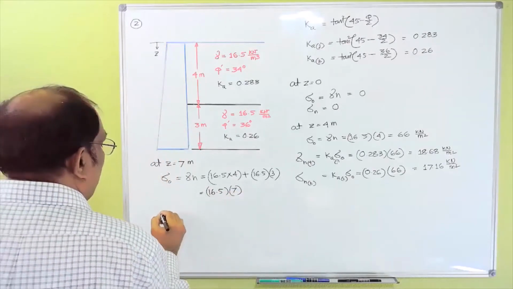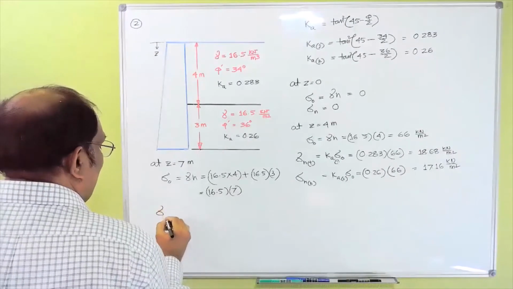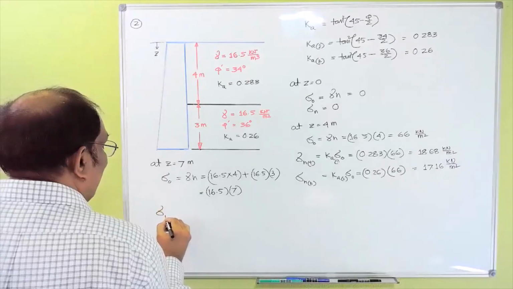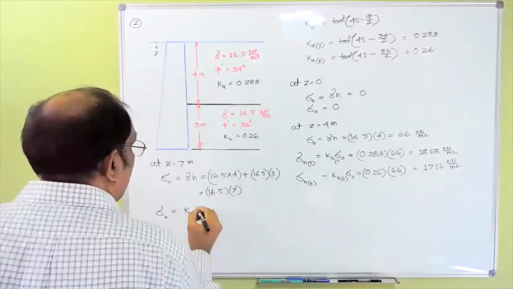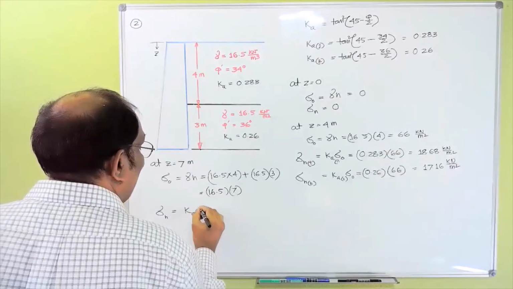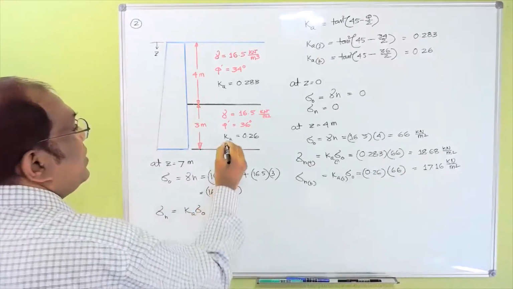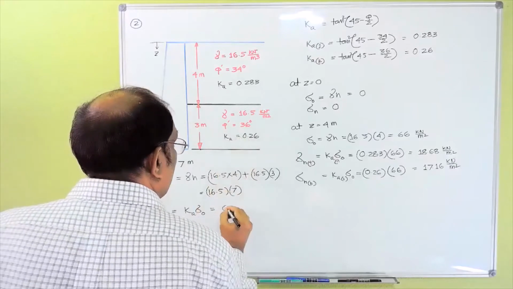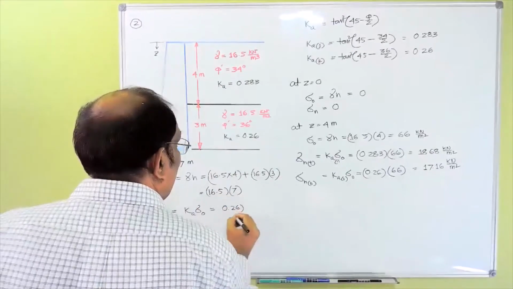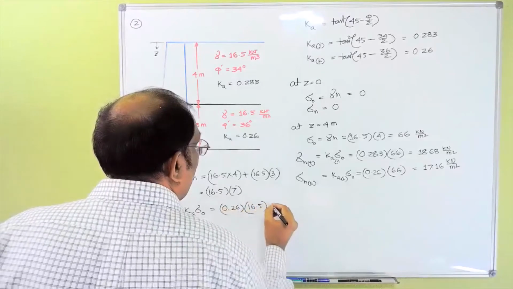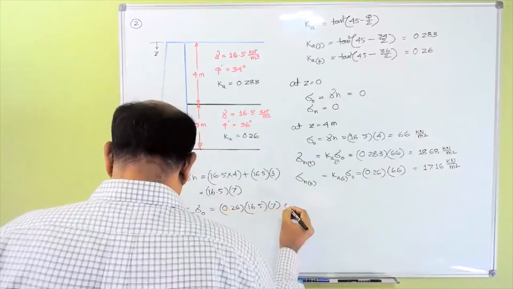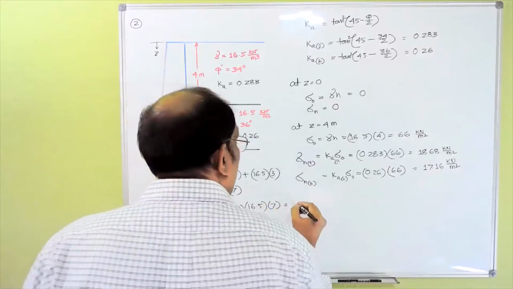So the horizontal pressure at a depth of 7 would be Ka sigma naught, and we know that Ka is 0.26 into 16.5 into 7. Total, that's actually 30.03.